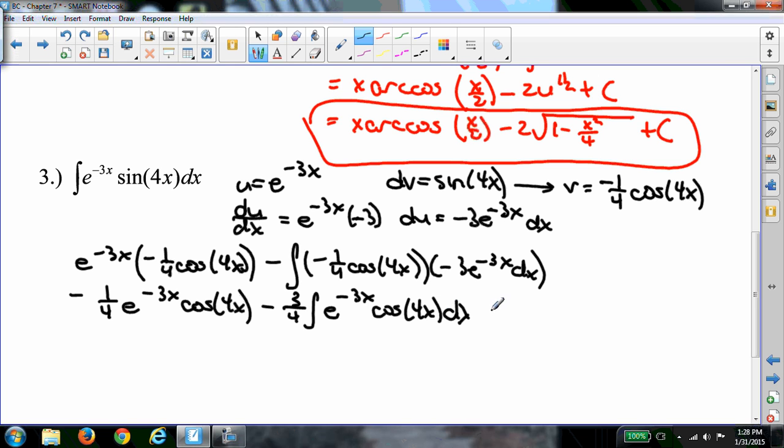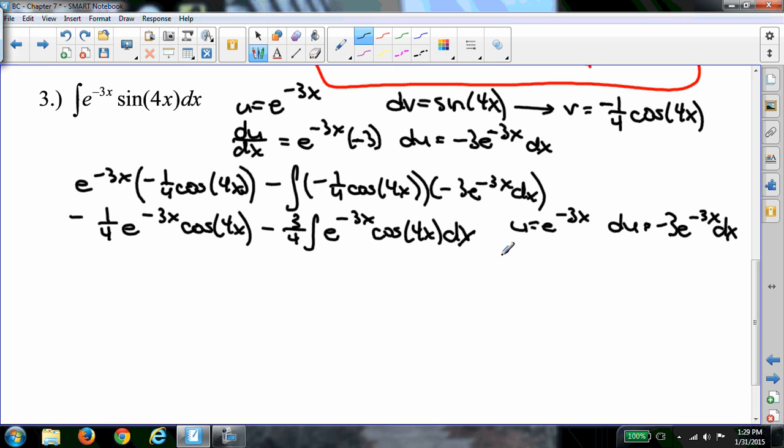And now I'm going to do my second part. So since I let u equal the e function the first time, I'm going to let u equal the e to the negative 3x function the second time. And that means my du will be again negative 3e to the negative 3x dx. The second time around, I'm going to let dv equal cosine 4x dx.